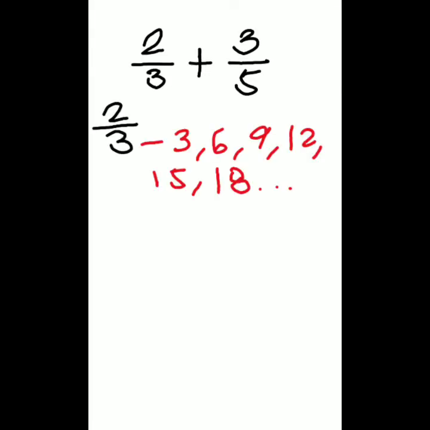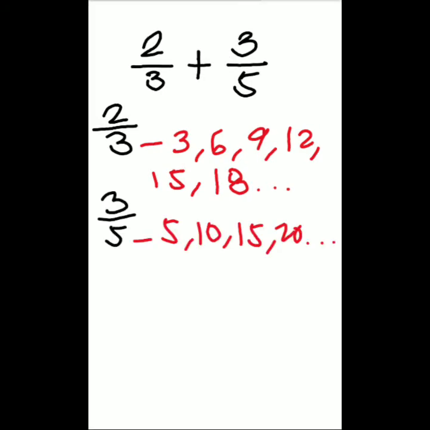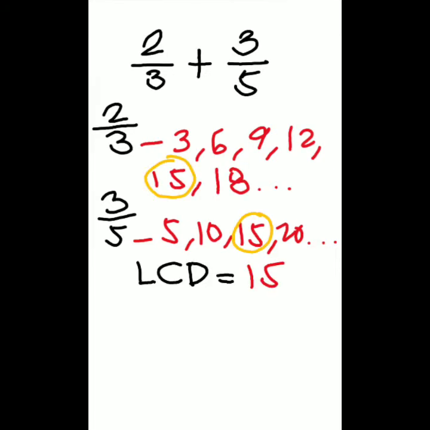First find the LCD of the denominators 3 and 5. The multiples of 3 are 3, 6, 9, 12, 15, 18, and so on. The multiples of 5 are 5, 10, 15, 20, and so on. As shown in the multiples of both the denominators 3 and 5, the LCD will be 15.